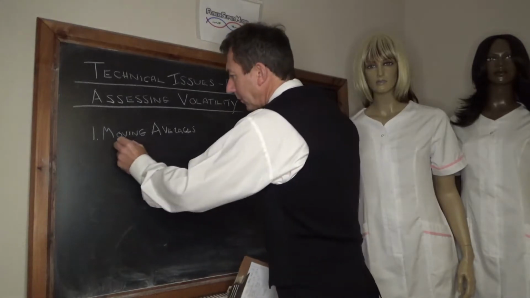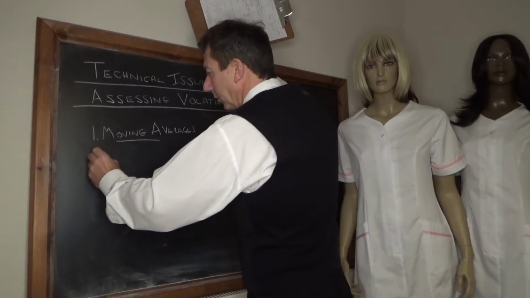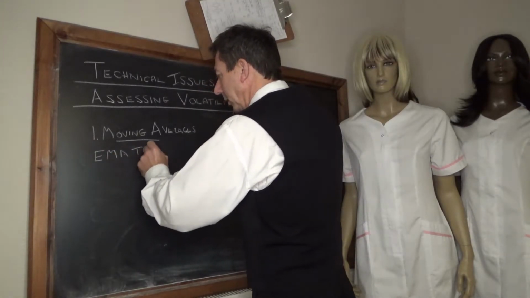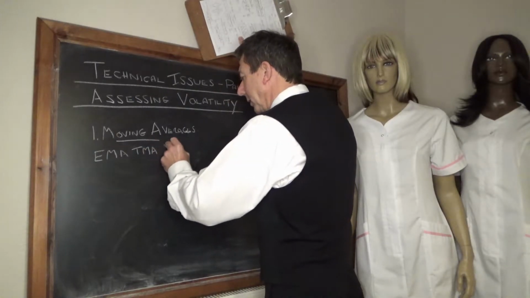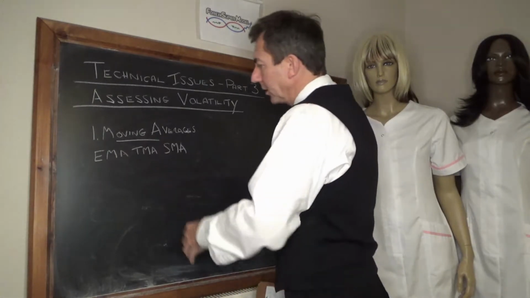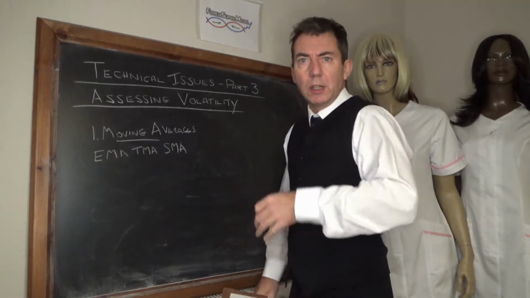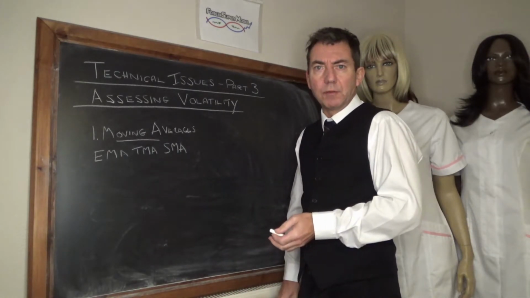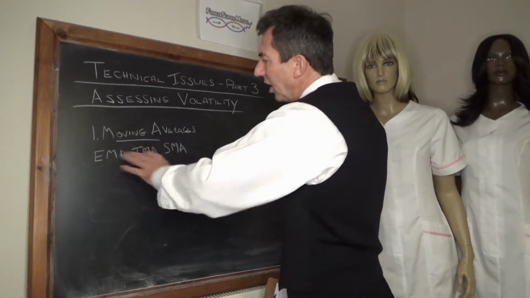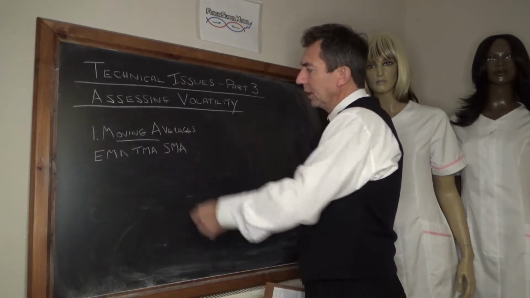Now, as we said, you've got EMAs, TMAs, and SMAs are the main ones. So exponential moving averages tend to be the fastest, TMAs mid-range, and SMAs, simple moving averages, are generally viewed as the slowest reacting to change. So these are, if you like, default measures of volatility.